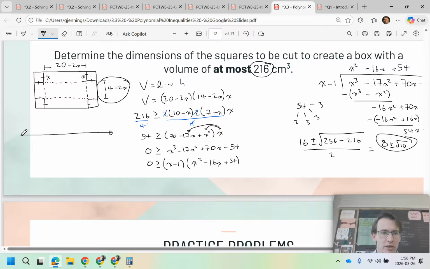All of them are bigger than 0, so we have 0 over here, which is not one of them, so I'm not going to write it. 1, 8 minus root 10, and then 8 plus root 10. These are our intervals of interest. Here we have that end behavior.